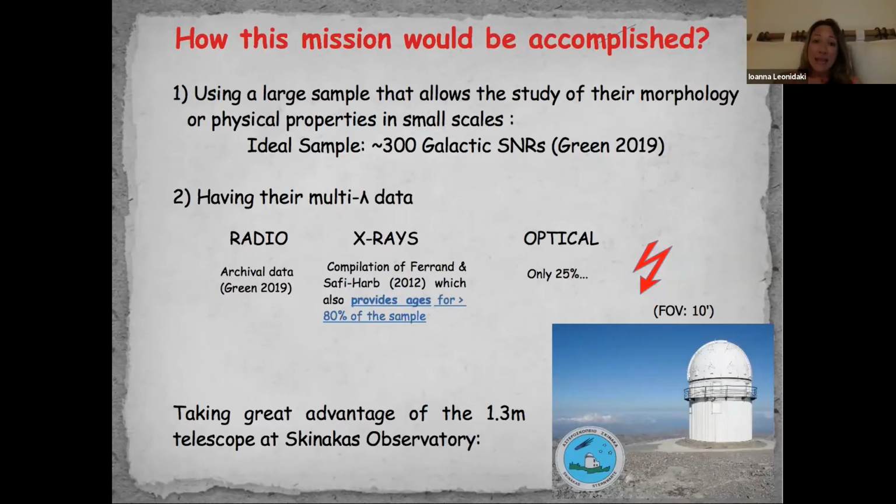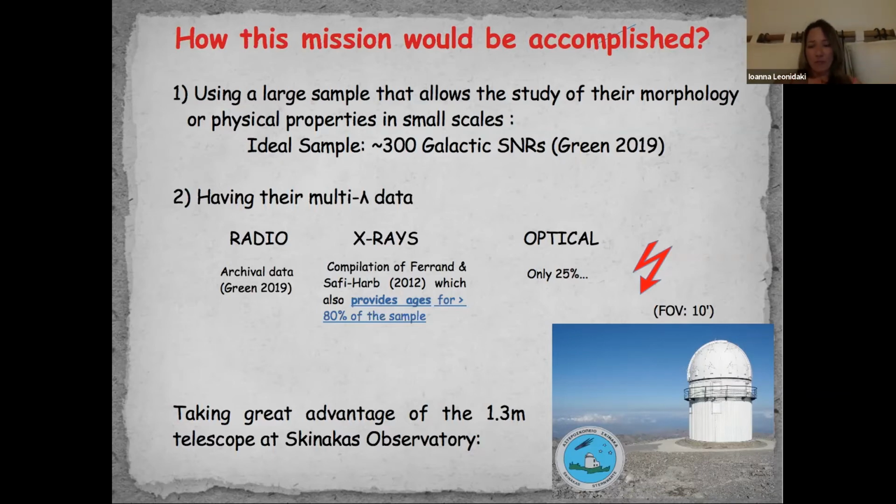And the ideal sample for that, as I mentioned before, is our galaxy, with a total number of 300 objects, as stated by the most updated catalog of supernova remnants, Green 2019.